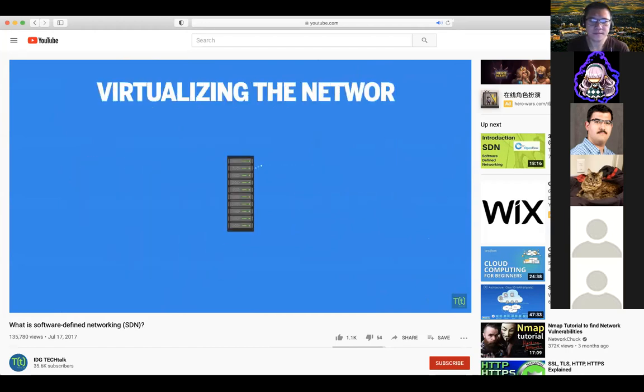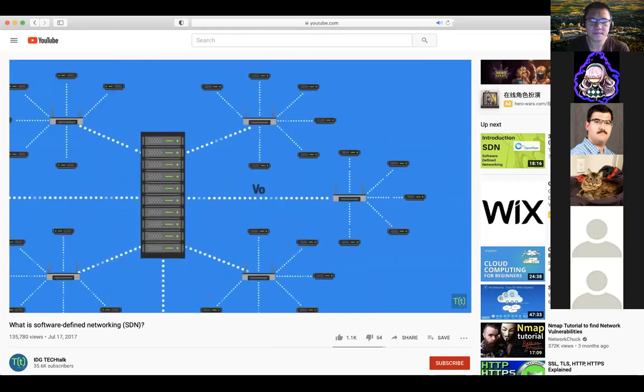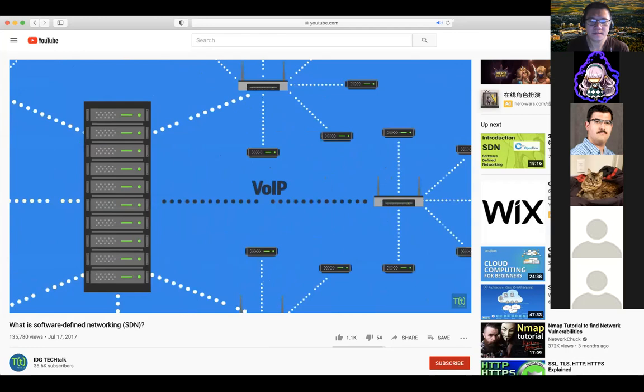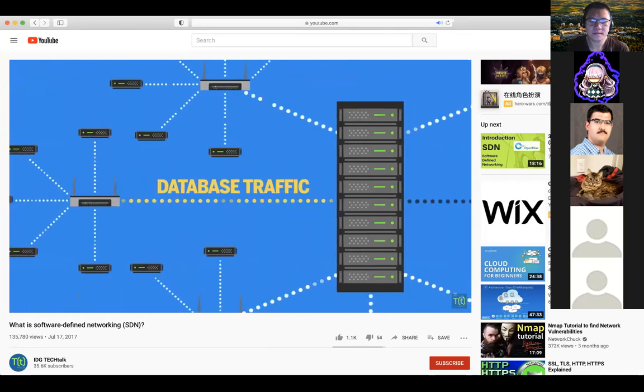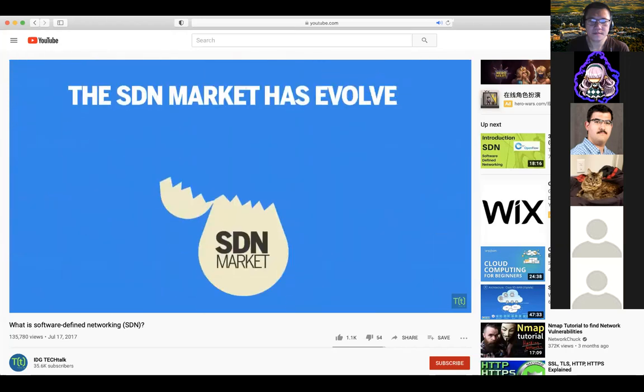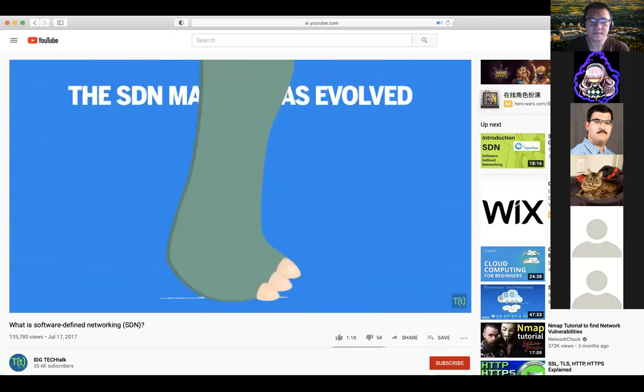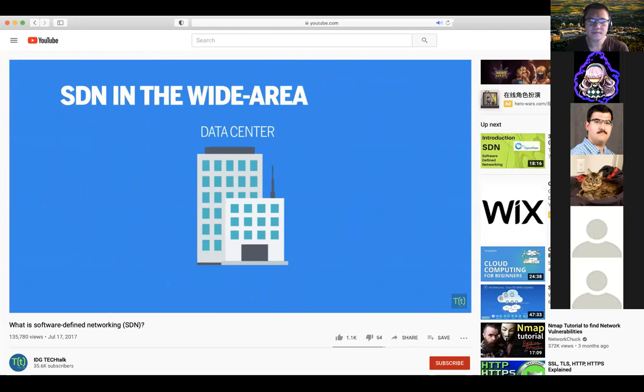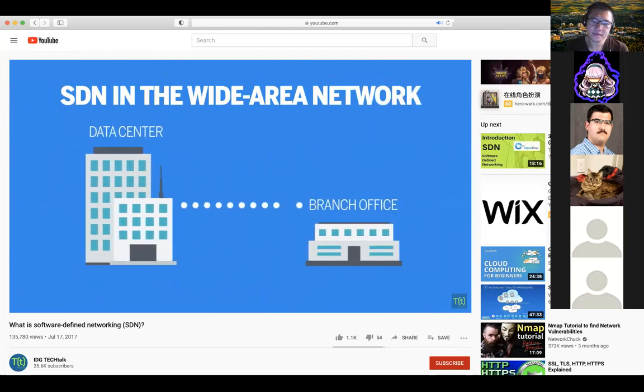Virtualizing the network comes with advantages. Networks can be spun up and down dynamically, they can be fine-tuned for specific application use cases, and security policies can be installed on each individual network. Today, the SDN market has evolved, and it's breaking out of the data center. SDN is being used in the wide area network to control how enterprises connect to their branch offices.